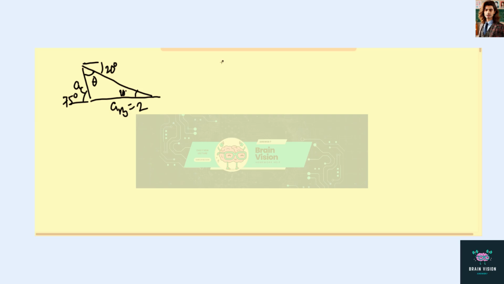So we find that theta is 180 degrees minus 20 degrees minus 105 degrees, which equals 55 degrees. Now we have AC over sine of 20 degrees equals AB, which is 2, divided by sine of 55 degrees.